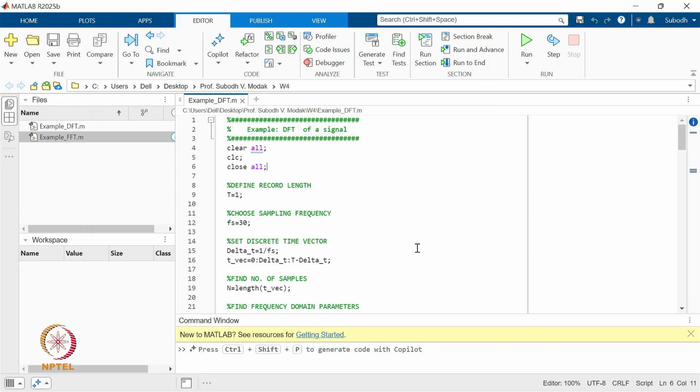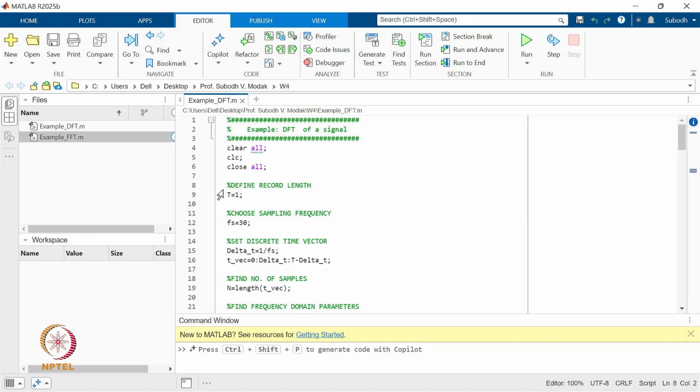Let me explain all the steps. I have explained in the previous session that this first line clears all the MATLAB workspace variables. clc clears any data which might be there in the command window. With close all, we close any existing figures which might be there.